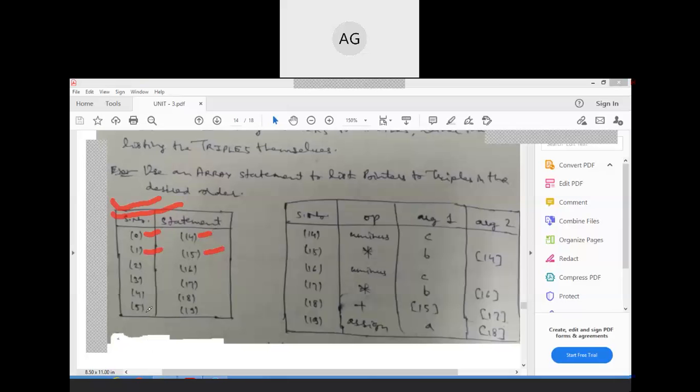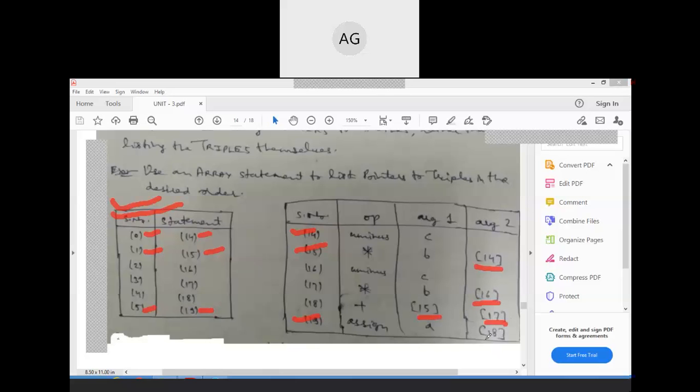In the same way statement 5 is pointed to by the 19th statement. So you need to replace the triple storage with these pointer statements. In place of 0 you write 14, in place of 1 you write 15, in the same way in place of 5 you write 19, and you can do the changes accordingly.